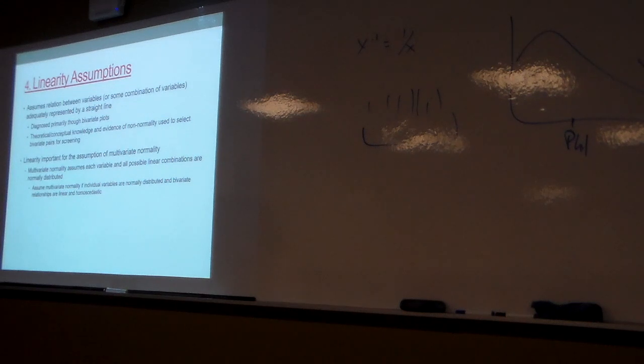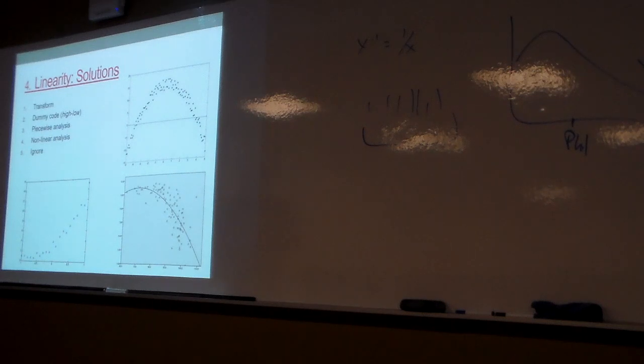Again, our assumption of multivariate normality is assuming that each variable, and all possible linear combinations of variables, are normally distributed. In order to make the general assumption of multivariate normality, we need to make sure that these individual bivariate relations are linear and homoscedastic.